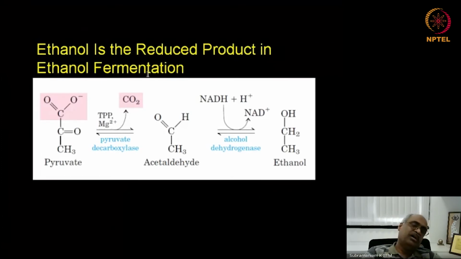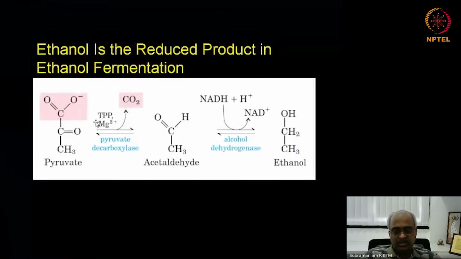Okay. And the other very important point I want to draw your attention to, our third B complex vitamin enters into the picture, which is thiamine. Okay, so we have learned nicotinamide adenine dinucleotide, where the B complex vitamin niacin we encountered.